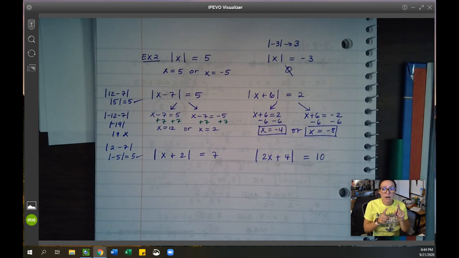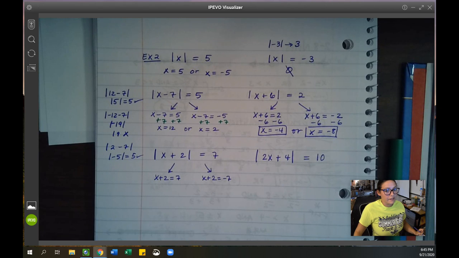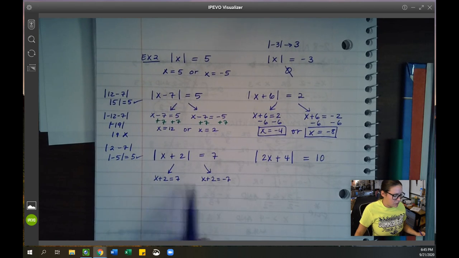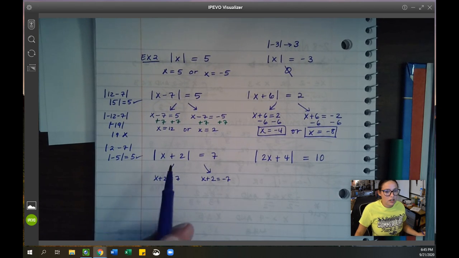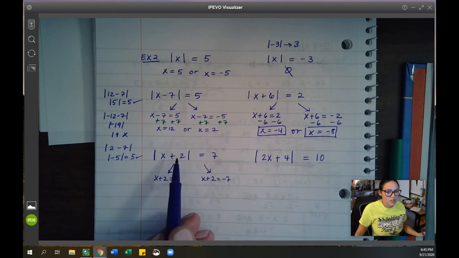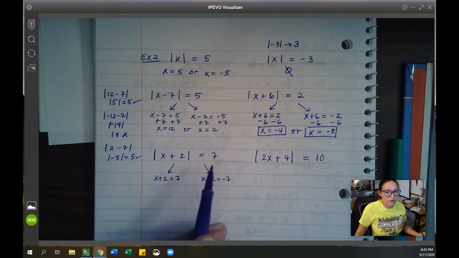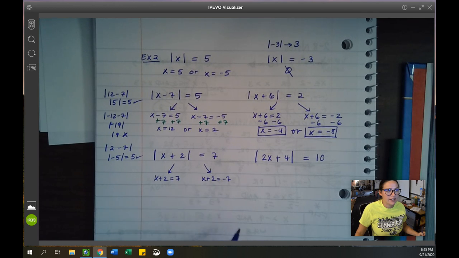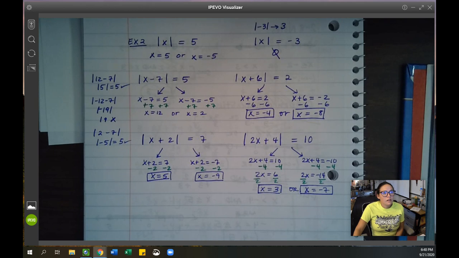All right, pause the video. Try these two on your own. If you're stuck, this is how your two equations should look. I'm taking this whole thing that's in the absolute value. We set it equal to 7, and then the other one we set it equal to negative 7. See if you can do the rest on your own.